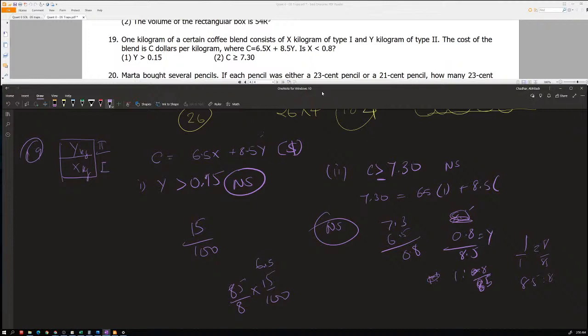This is again, I think, GMAT, you don't need to solve this many problems here, because again we have to multiply it with 65 by 10 and plus 85 by 10 into 15 by 100. So this is actually the value of C.